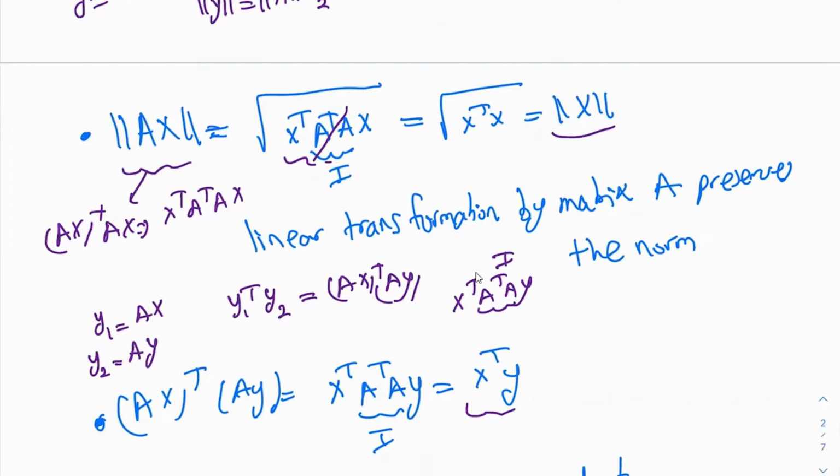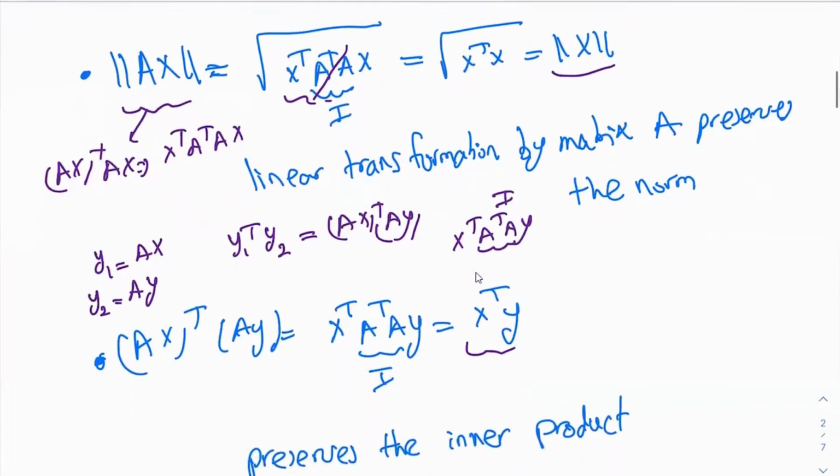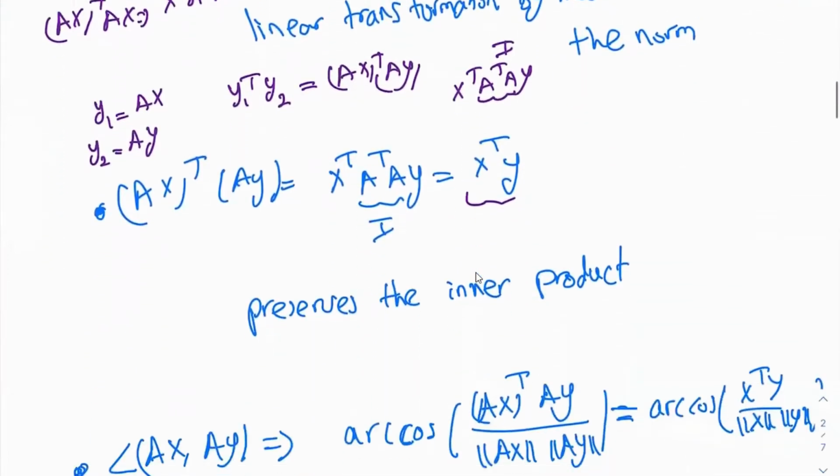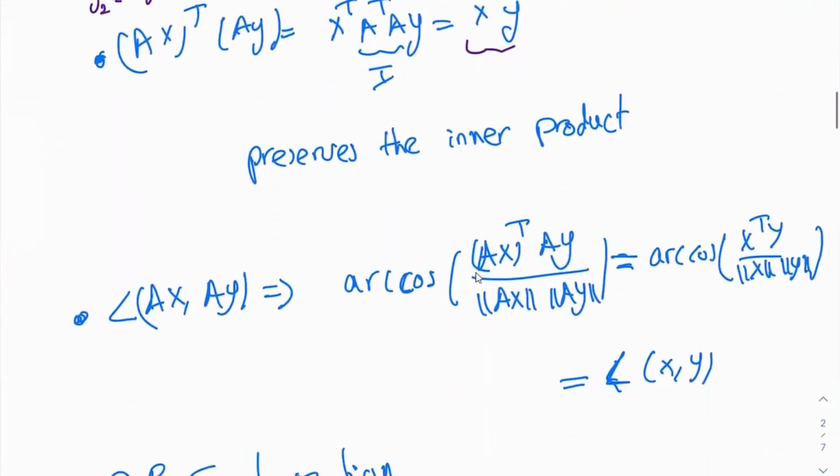Okay, now we know that the inner product is the same, also the norm is the same. What does it tell us about the angle? Let's take a look at the angle between two vectors. Remember, we had this definition. Let me just remind you the definition of a dot product of two vectors.